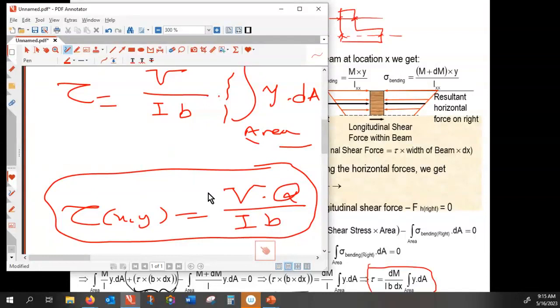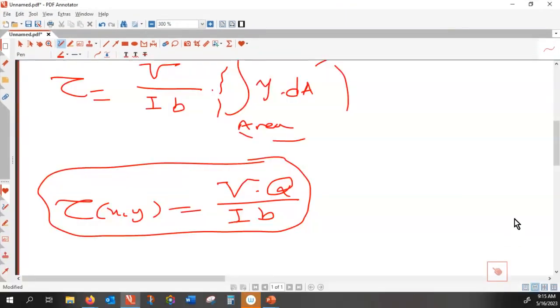Two stresses, normal stress, you find this by the flexural formula. Shearing stress, that's the equation. So remember this equation, just think of them as a recipe, and we go through lots of examples, making sure everyone can do this.